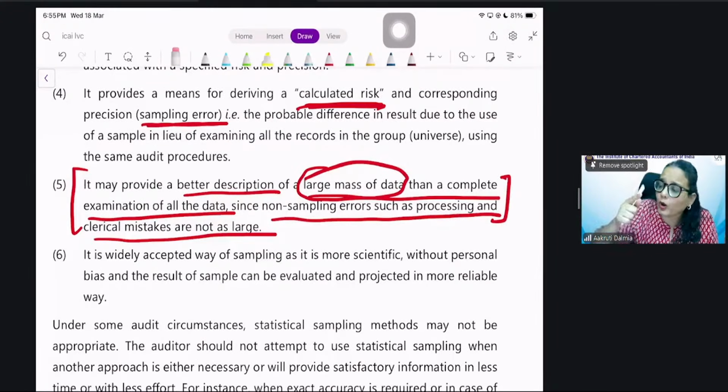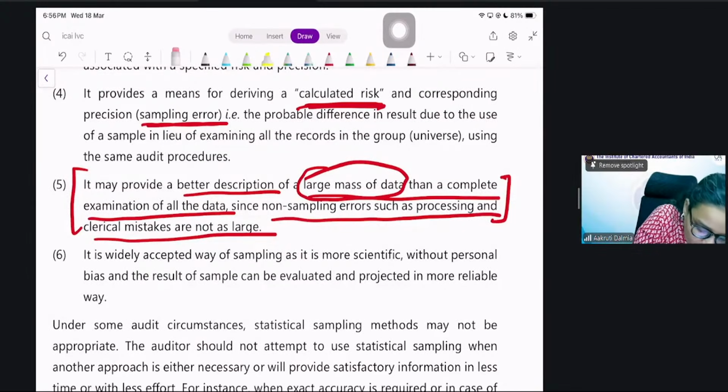Checking 10,000 invoices but just checking the amount, or checking those 10 invoices but checking each and everything about it in detail? Which do you think will give better detail, a better description about how the company is running? Those 10 invoices.